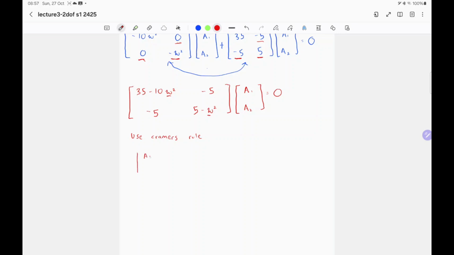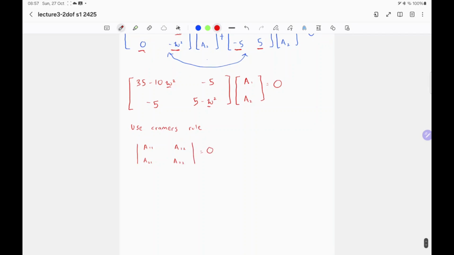If I have A11, A12, A21 and A22 equal to 0, Cramer's rule states that A11 multiplied with A22, minus this multiplied by this, so A21 minus A12, is equal to 0.